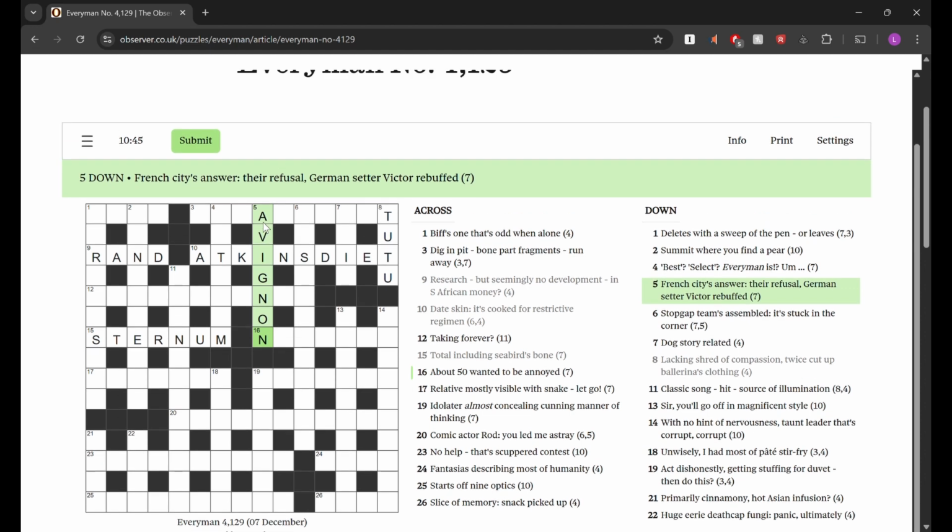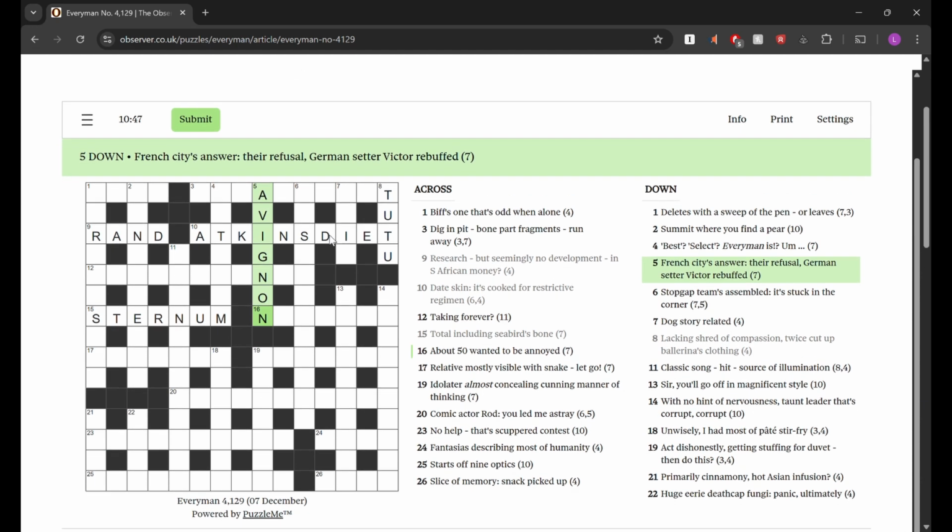Because we got the no, their refusal. Ah, okay, so we've got the V for Victor. German, just G. So rebuffed, I guess that means reversed, maybe?